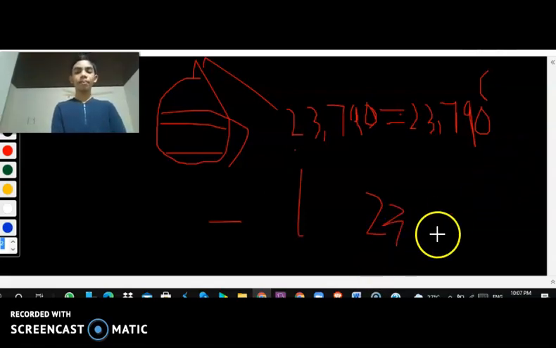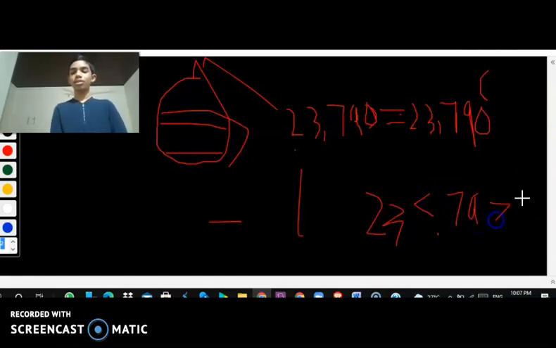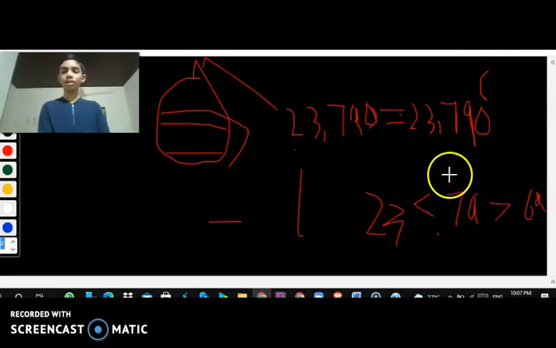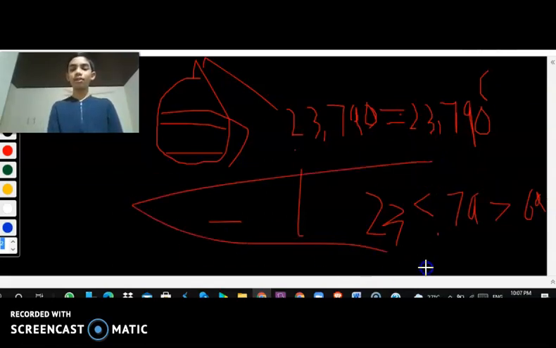We compare if the question is given, like 69 is smaller than 79 and 79 is bigger than 69. We can compare like this.